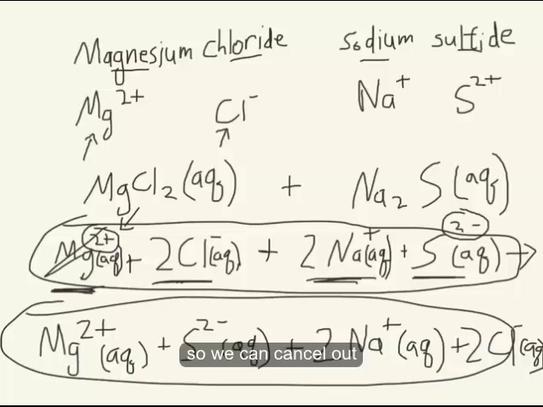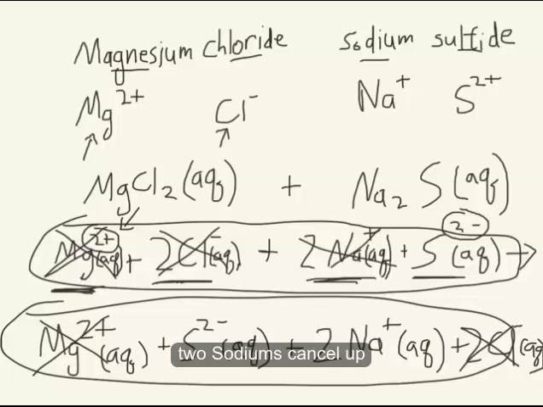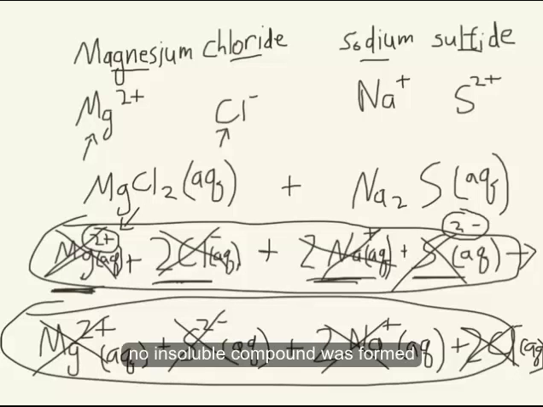So we can cancel out magnesium 2 plus, we can cancel out chloride minus, 2 of them, 2 sodiums cancel out, 2 sulfides cancel. So because no insoluble compound was formed, there is no precipitation and there is no reaction. So no net ionic equation.